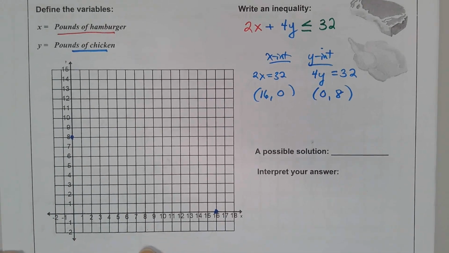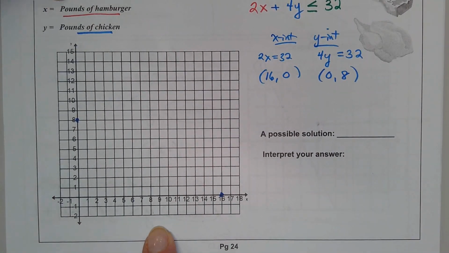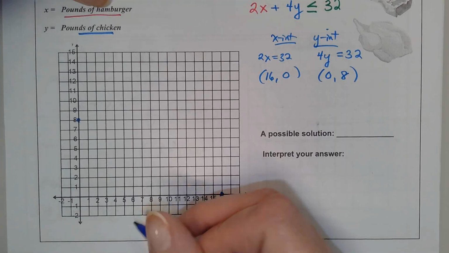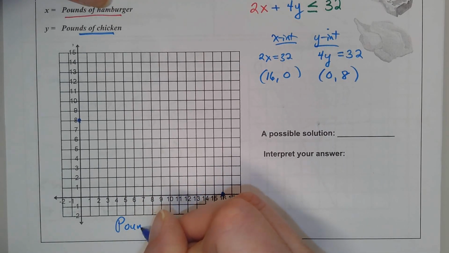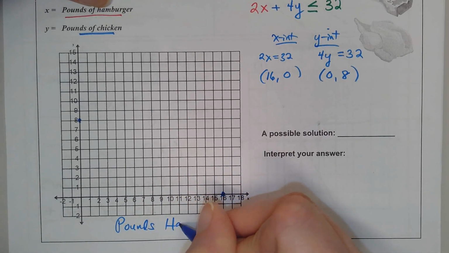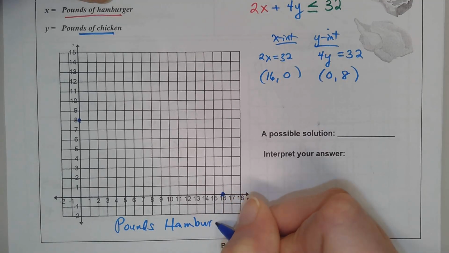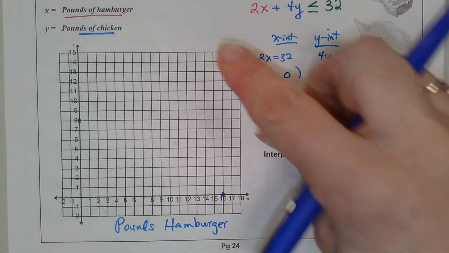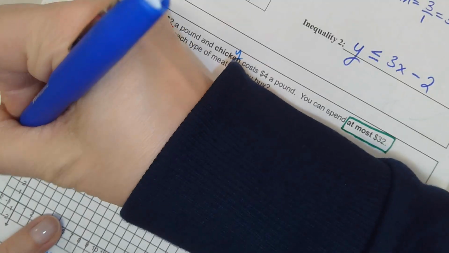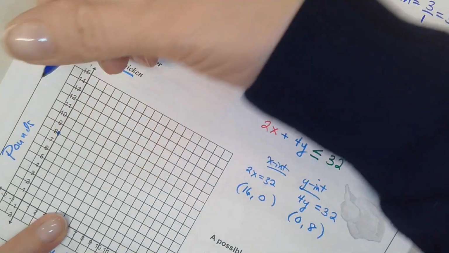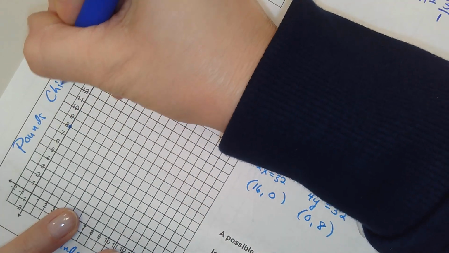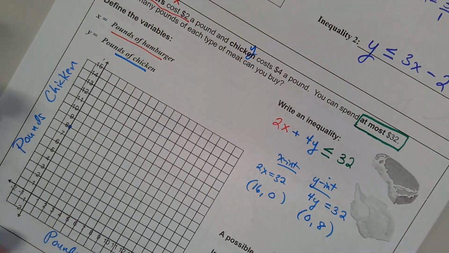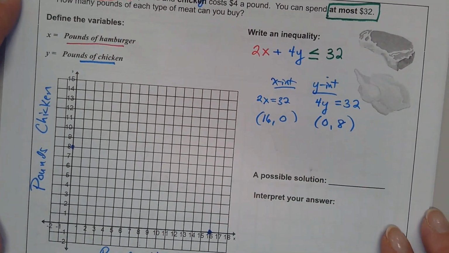Let's not forget to label this graph right away. So I'm going to copy pounds of hamburger. Pounds of hamburger. And on the y-axis, pounds of chicken. So I've labeled the x and y-axis.